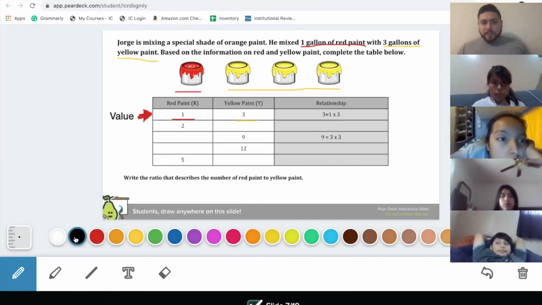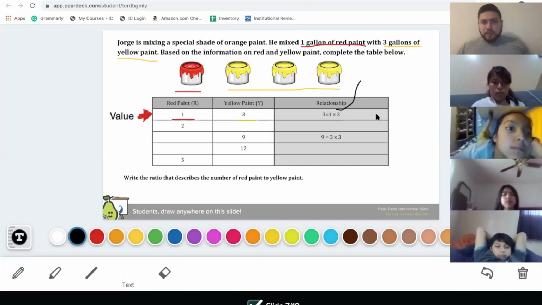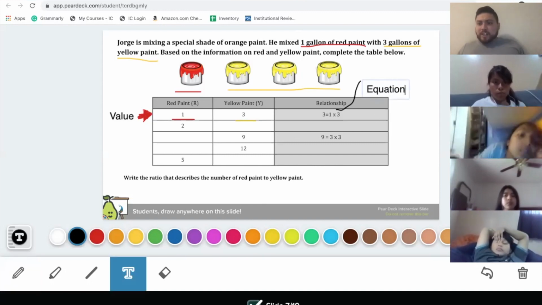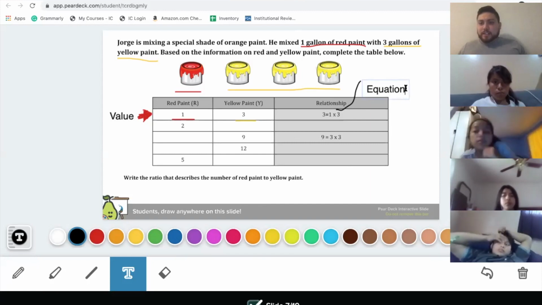So from the objective, this relationship is our equation because there's an equal sign. So an equation has to have an equal sign. This equation tells me how this table was made.